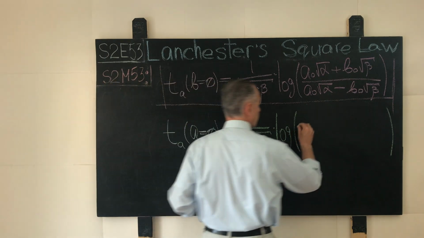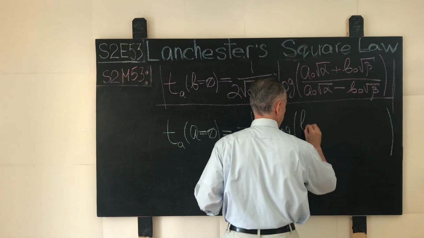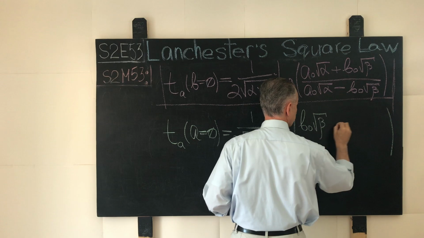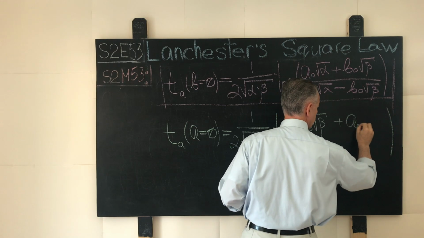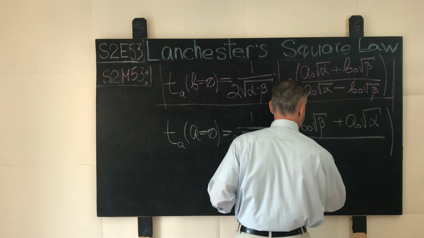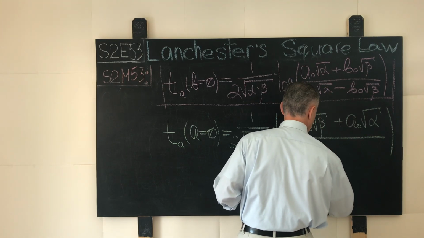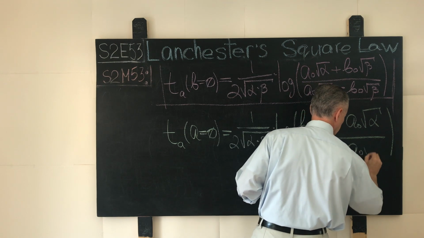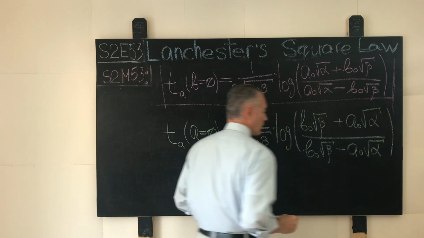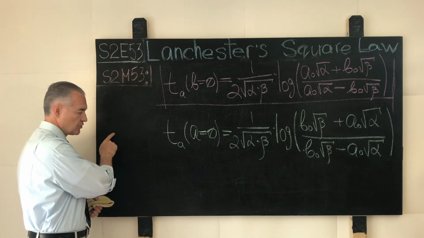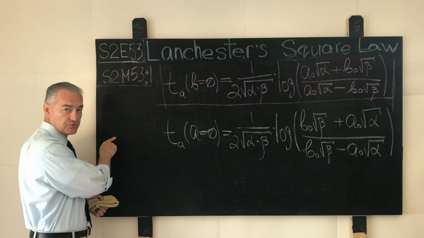So the correct answer is the following: b0 times square root of beta plus a0 square root of alpha divided by b0 times square root of beta minus a0 square root of alpha. This is the expression that you will obtain when you solve the equation a of t is equal to 0.